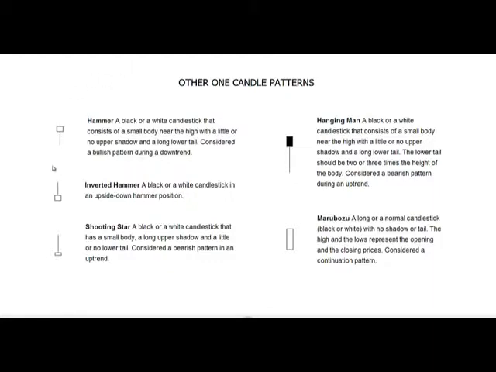Like most candlestick patterns, there are always inverses of the pattern itself. So the inverted hammer means pretty much the exact same thing, but flipped in the other direction. It's a black or a white candlestick in an upside down hammer position, which could be an up candle or a down candle, with the top wick being very large.